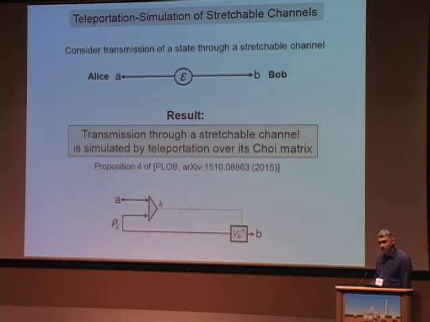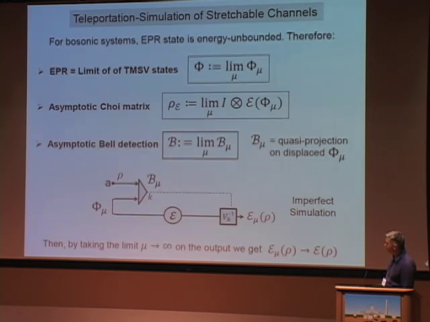Now, since I have not so much time, I just want to tell you that the same procedure can be done with continuous variables. You just have some imperfect simulation when you use imperfect sources and imperfect measurements, but then you can take the limit on the input and the output, and you exactly retrieve asymptotically the description of the channel.